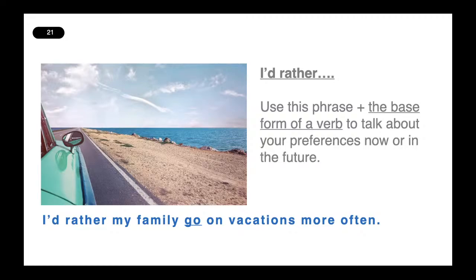Normally you would say he pays me back. He does this. He eats this. But after rather, it's just the base form of the verb, just the bare infinitive. So I'd rather he pay me back now. So not pays.